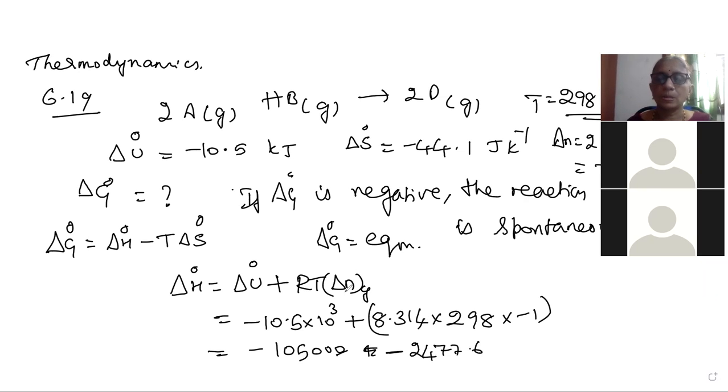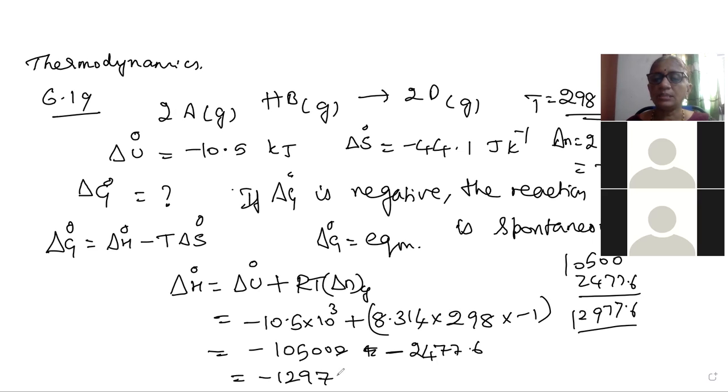Now add these two: minus 10,500 and minus 2477.6. What will you get? Minus 12977.6 joules. That will be delta H naught.